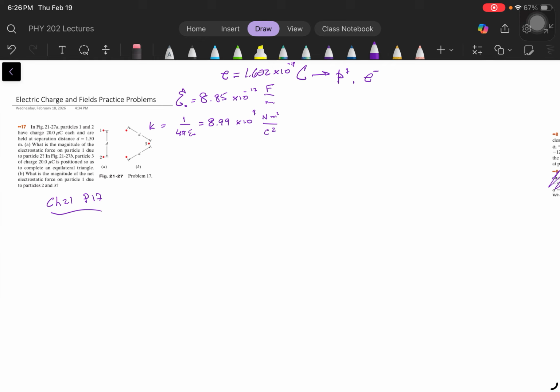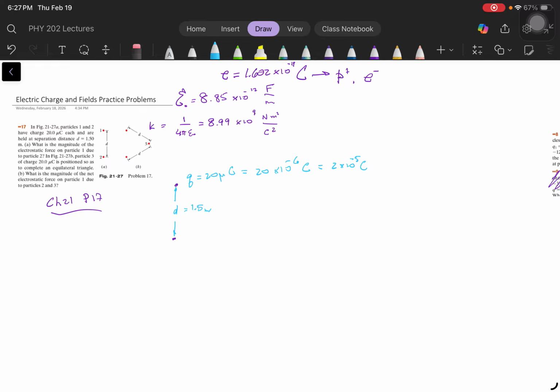We can see in part A, we have two charges. They are separated by some distance d, which is equal to 1.5 meters. And each charge Q is equal to 20 microcoulombs, which is equal to 20 times 10 to the negative 6, or 2 times 10 to the negative 5 coulombs.